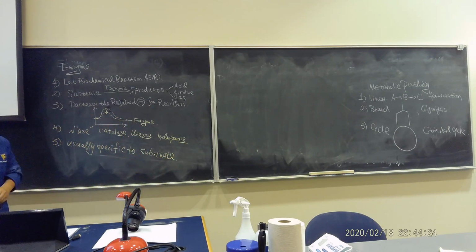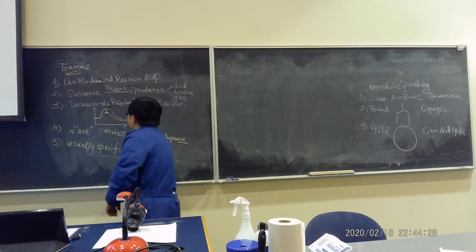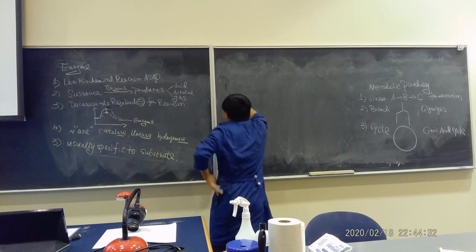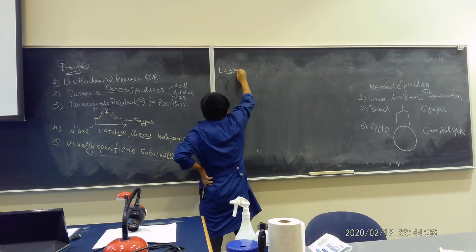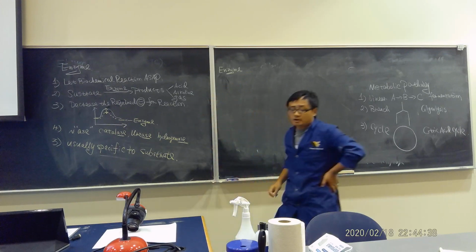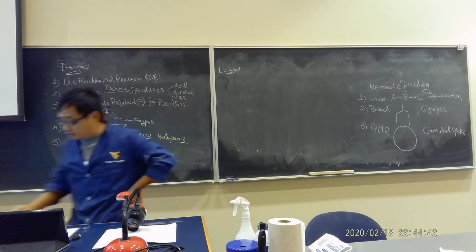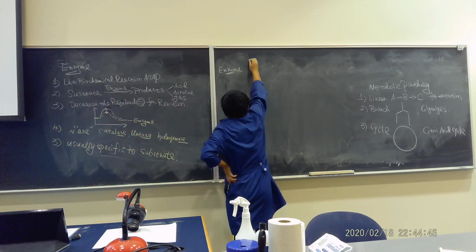Okay? Now we want to mention something else. Everybody knows an enzyme is a protein. But it does not necessarily mean it's only a protein. There is a different structure. Okay? So we'll talk about this in enzyme.